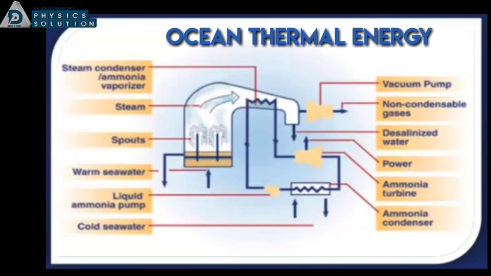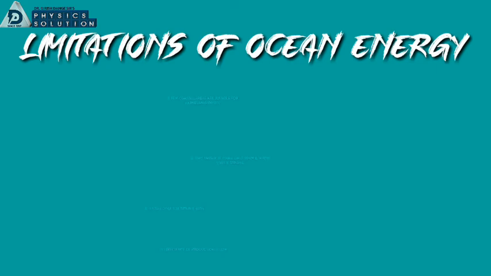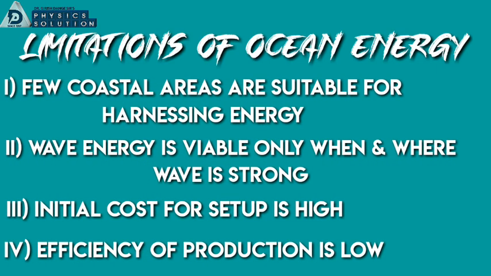Now this system can be operated 24 hours a day. So this is a very good advantage, and we do not have to wait for tides to form, like in the tidal energy power plant.